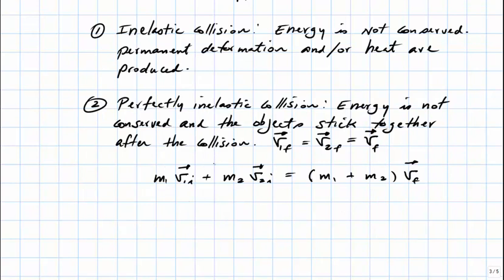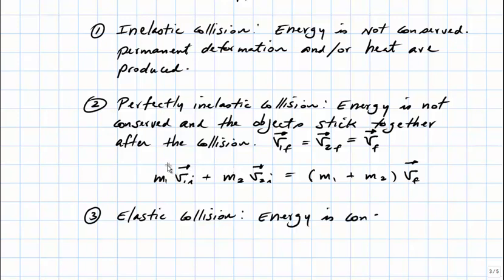We will now introduce the third type of collision, which is called an elastic collision. Elastic refers to the fact that energy is conserved. Therefore, an elastic collision is one in which energy is conserved.